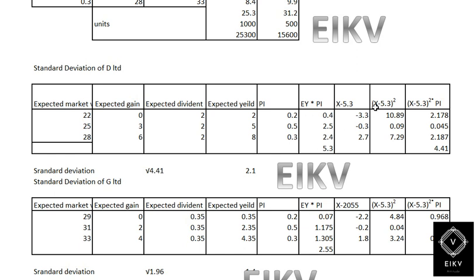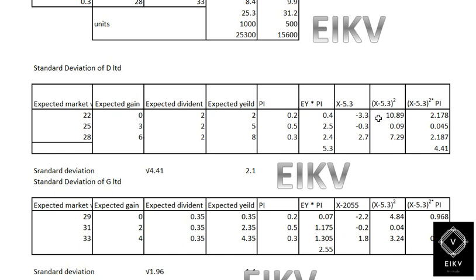That is x minus x bar. So x minus x bar the whole square would be 3.3 into 3.3, which is 10.89, and 0.3 into 0.3, which gives you 0.09, and 2.7 into 2.7 will give you 7.29. Then again we need to multiply it with the probability to get the variance.